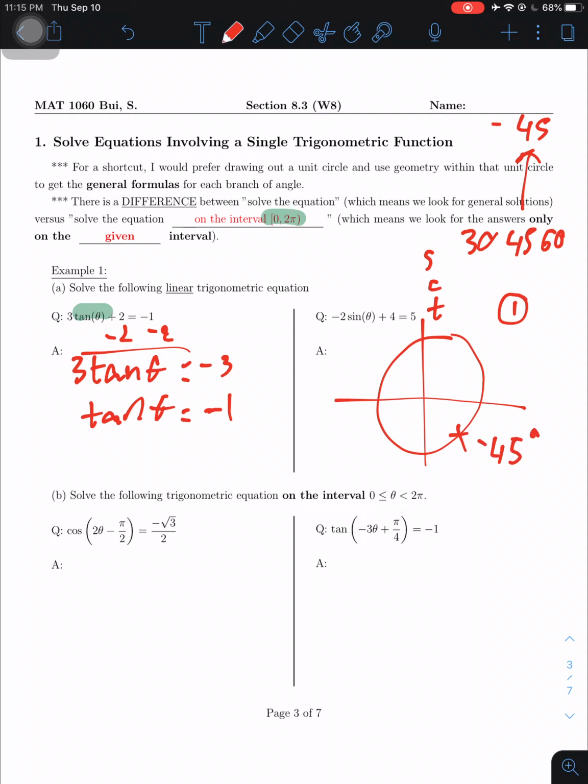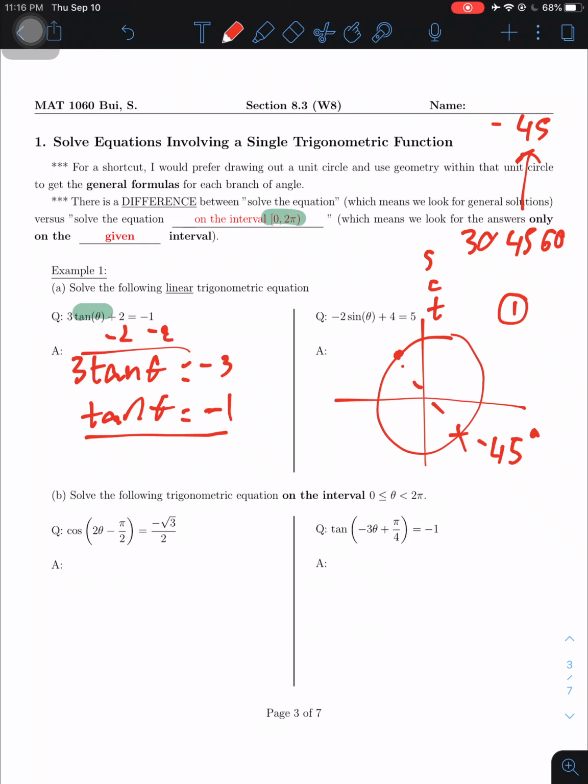And I told you guys there would be two families. So to get the other family in here, we're going to look across from the origin all the way to the other side of the unit circle, because we talk about tangent, and tangent means that we have to go through the origin. So what is this angle right here?